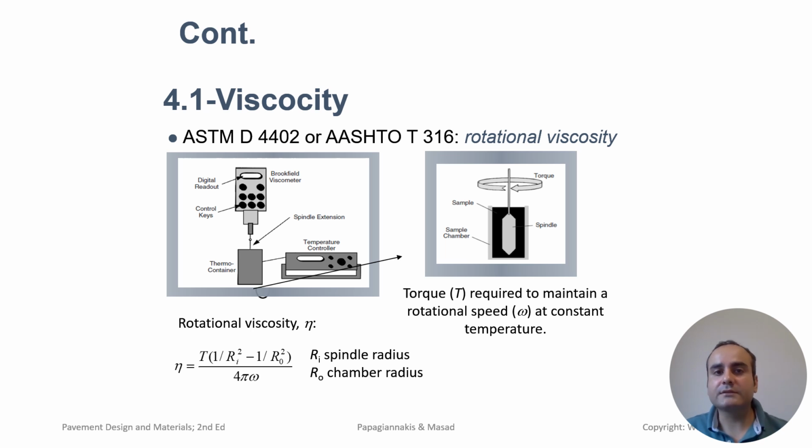High viscosity means that the binder is stiffer and flows less easily, which may make it difficult to mix and place the asphalt at the construction site. Low viscosity indicates that the binder is more fluid, which can make mixing and placement easier, but if the viscosity is too low, it may lead to issues such as segregation or bleeding.